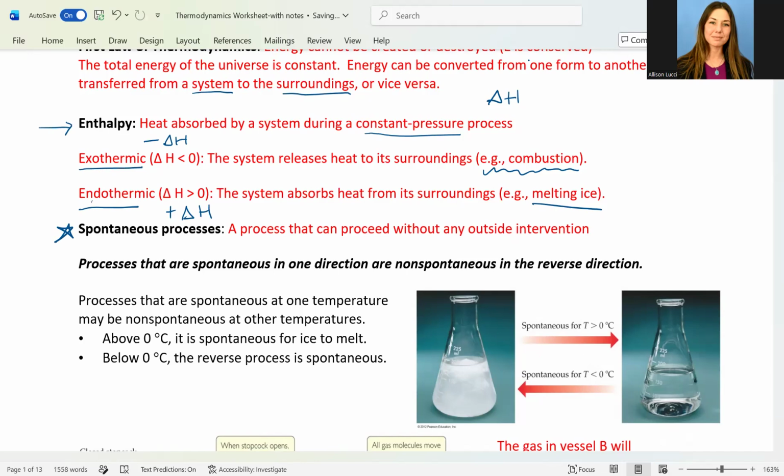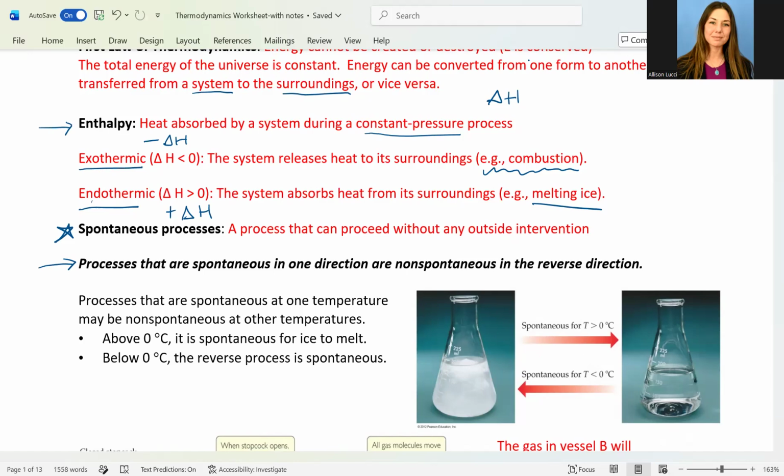So really that means without adding any energy, the process will just go by itself. We should also note that processes that are spontaneous in one direction are non-spontaneous in the reverse.